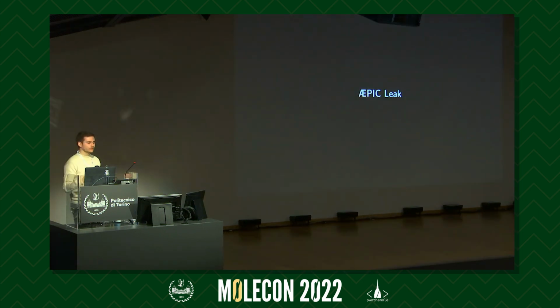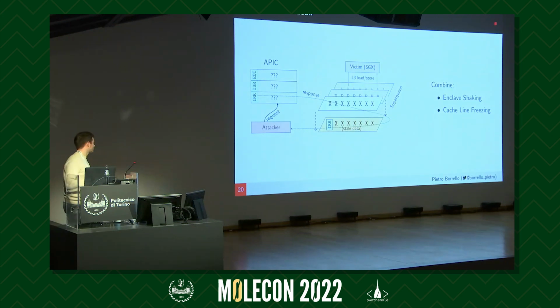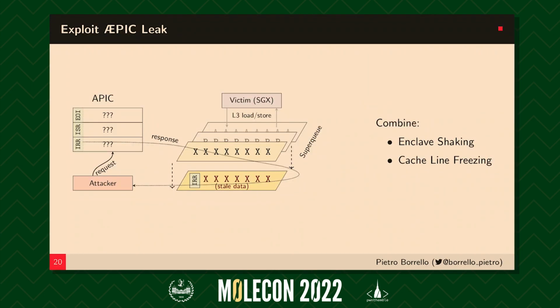So these are the two techniques that make AEPIC Leak possible and let us choose precisely what we want to leak and exactly when we want to leak it. The whole attack is very difficult as a figure, not sure if it's understandable. But the whole attack is basically combining the two techniques that I explained before.